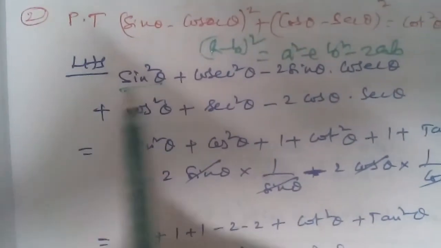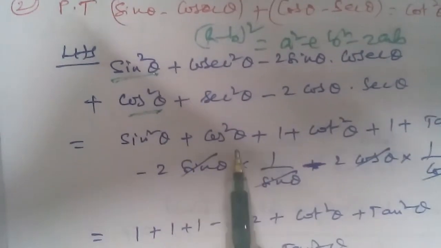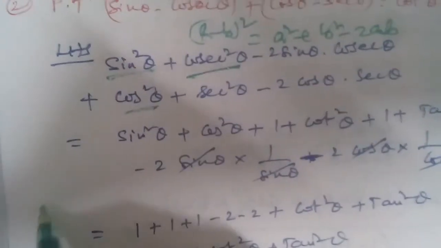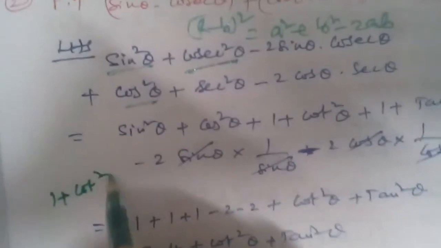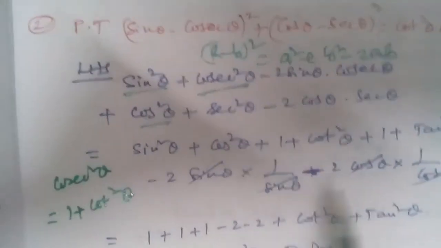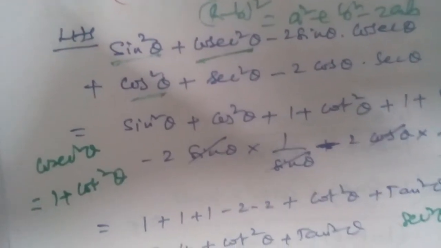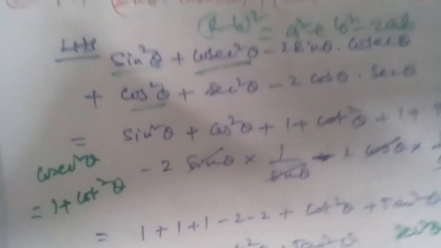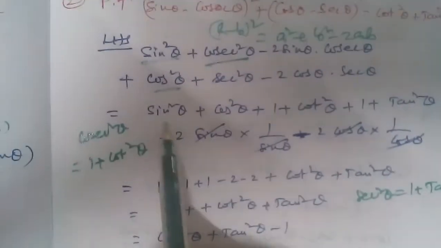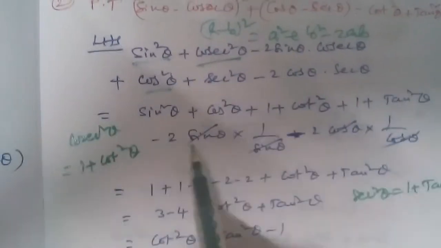I am writing sin square theta plus cos square theta, which from identity 1 is equal to 1. I am writing cosecant square theta is equal to 1 plus cot square theta, and secant square theta is equal to 1 plus tan square theta.